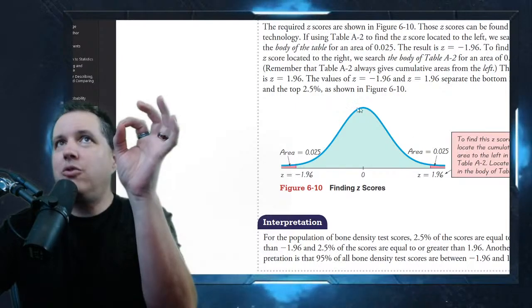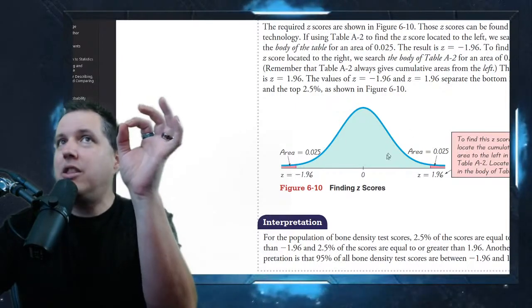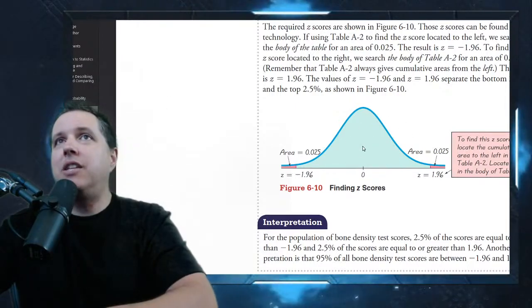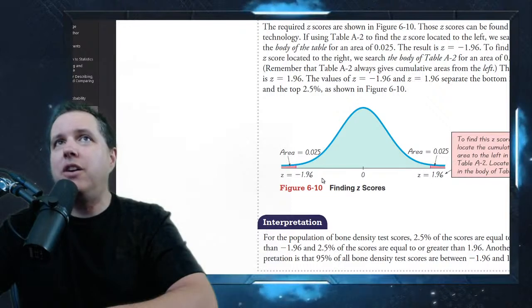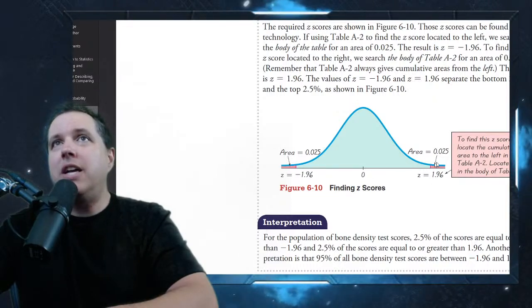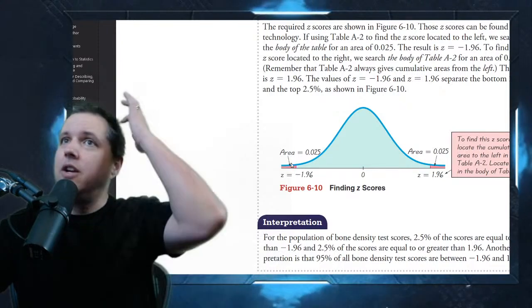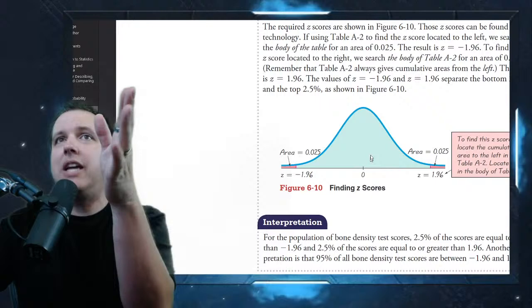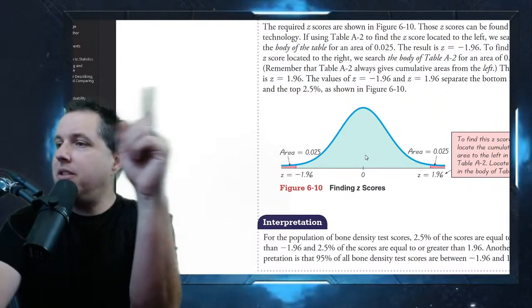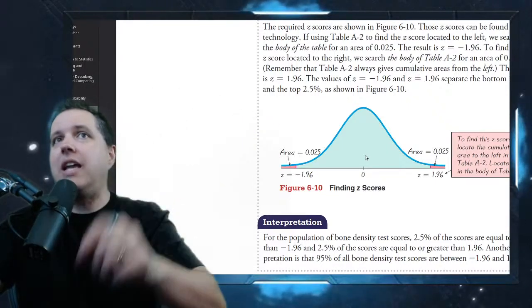But that really means you only have 90% in the middle. So if you have 95% in the middle, that means you have 2.5% over here, 2.5% over here. That's why it's 0.025, because that's 2.5% over here. So just remember, when you're splitting it to get 95% in the middle, that means 2.5% on each side.